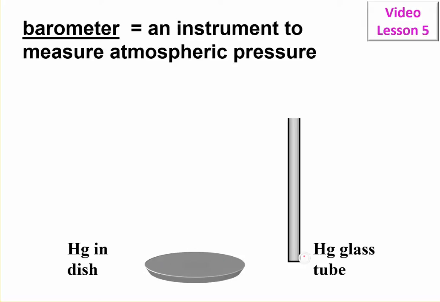And we also have a glass tube that we fill up with mercury. This is not a straw. It has a closed end here, and it's totally filled up. And then you have to turn or invert the tube into the liquid without letting any air get inside the tube.